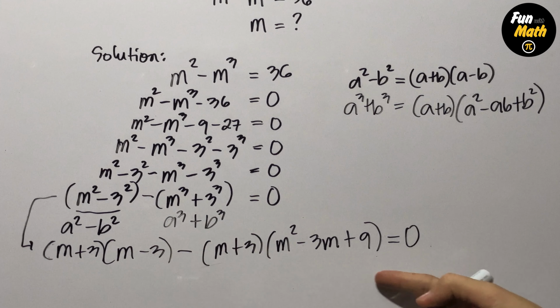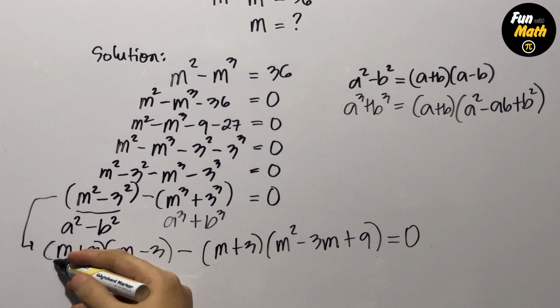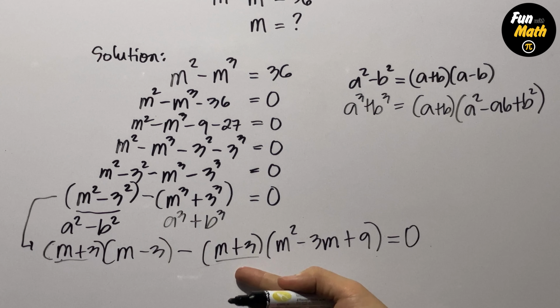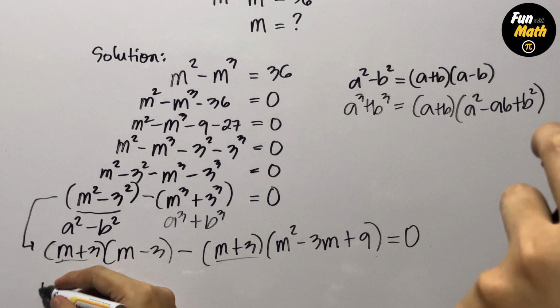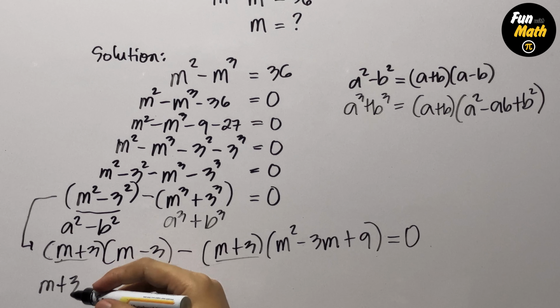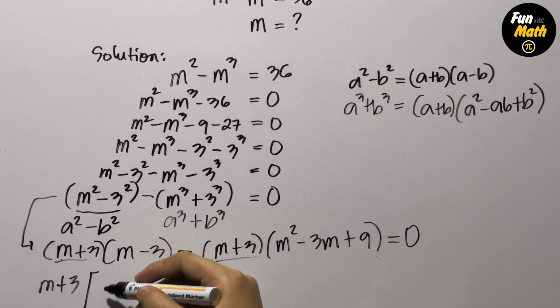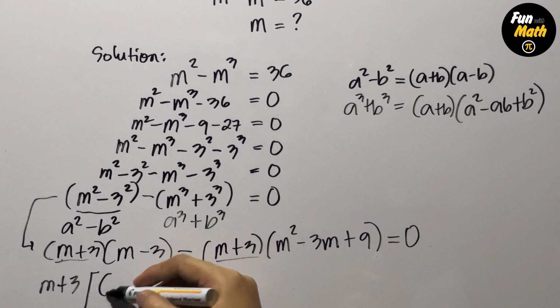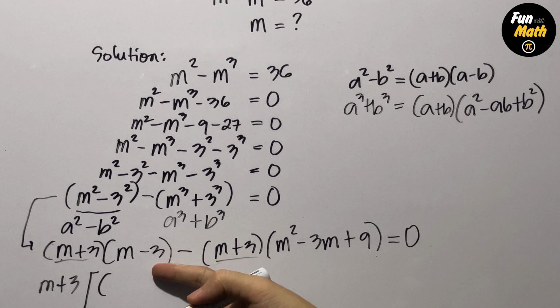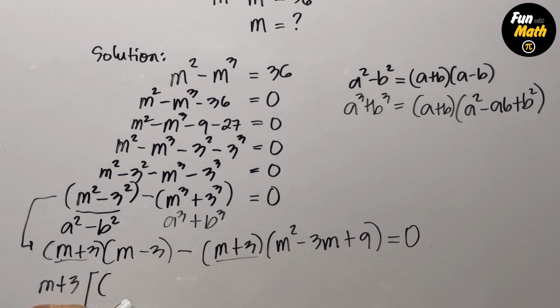Now, if we look at this, they both have m plus 3. So we can take this as our common factor. Let's take it outside. So m plus 3, put a bracket and a parenthesis. So m plus 3 times m minus 3, you divide it by our common m plus 3.